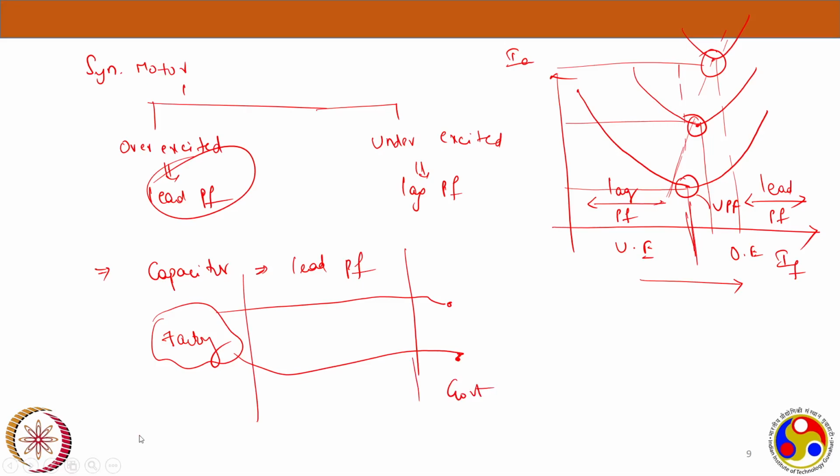Now, whatever current you are drawing from the government will definitely be lagging, because you need to supply all the lagging loads here, all full of induction machines, right? Now your voltage is here, your current is here, and your theta is always lagging, with a poor power factor. Okay, let's say it's like that.